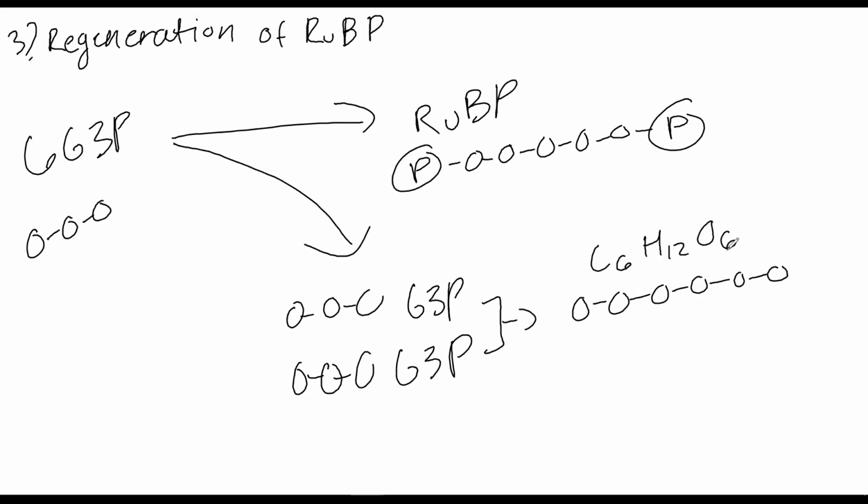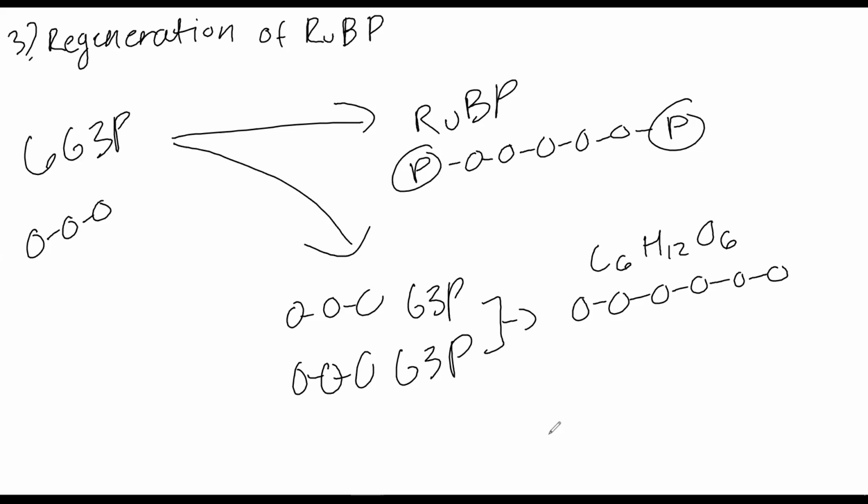So every 2 cycles, or every 2 regenerations of RuBP, you should get a sugar. This is why you need 6 carbons in the photosynthesis process. Does that make sense? Yes, and I'm done copying, by the way. Thank you. All right, good. So that is the final step in the Calvin cycle.